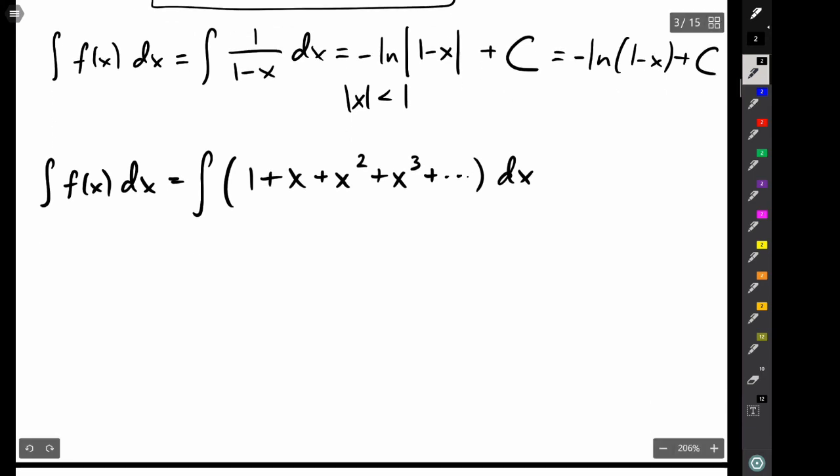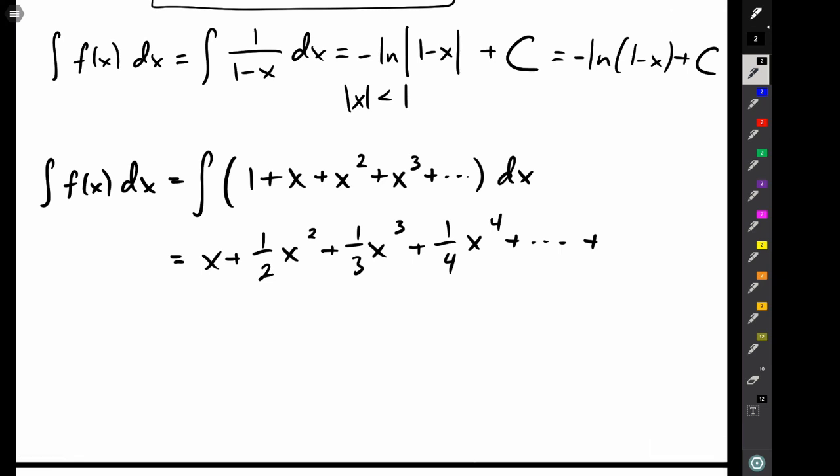And so what we get is x plus 1/2 x squared plus 1/3 x cubed plus 1/4 x to the 4th, and so on, right? Plus, now here I want to give this a different arbitrary constant. So maybe let's call this one C1 up here, and this one C2. Okay? So what that means is, these two have to be equal to each other.